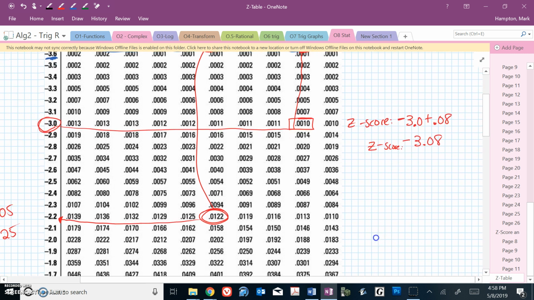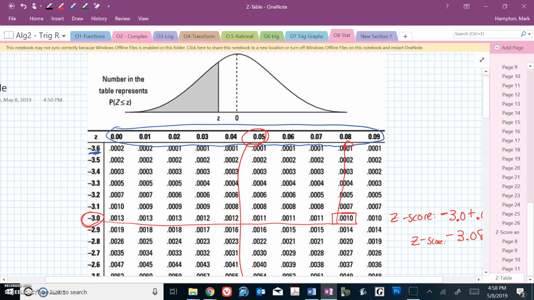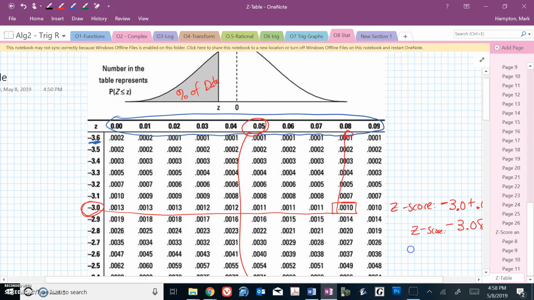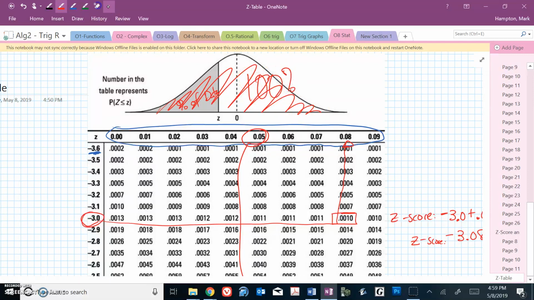Now, what do these numbers inside of here mean? If you look back up at this picture, the shaded region is the percent of data that is to the left of that z-score. Now, perhaps you remember from some of the videos that I had you watch at the beginning that this whole thing is always 100%. 100% of the data is inside that shaded region.